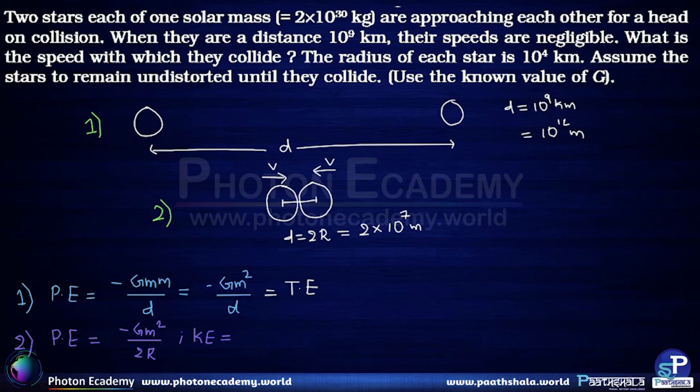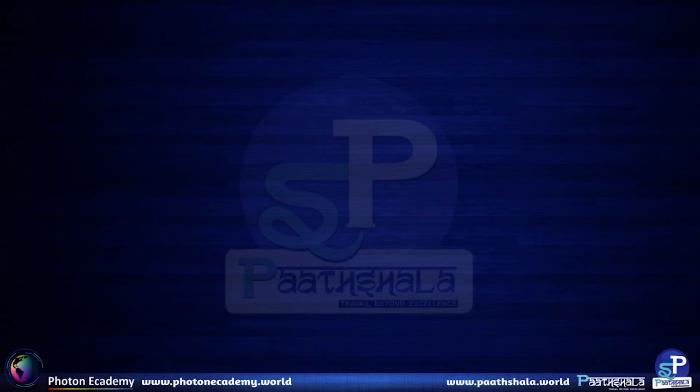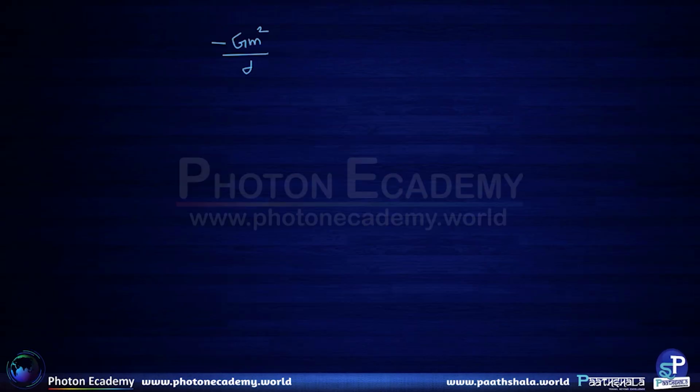So the kinetic energy is going to be 2 times the kinetic energy possessed by each star, which is half mv squared, so this is mv squared. From conserving the energy, minus GM squared by d should be equal to minus GM squared by 2r plus mv squared.